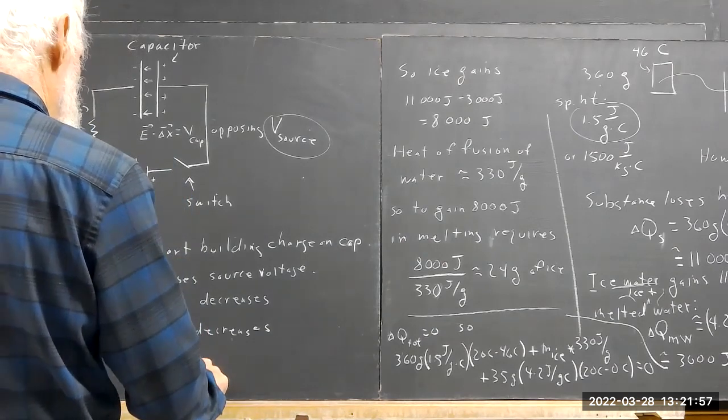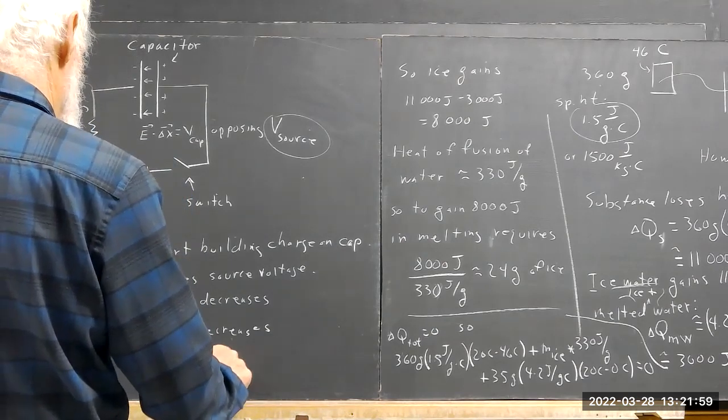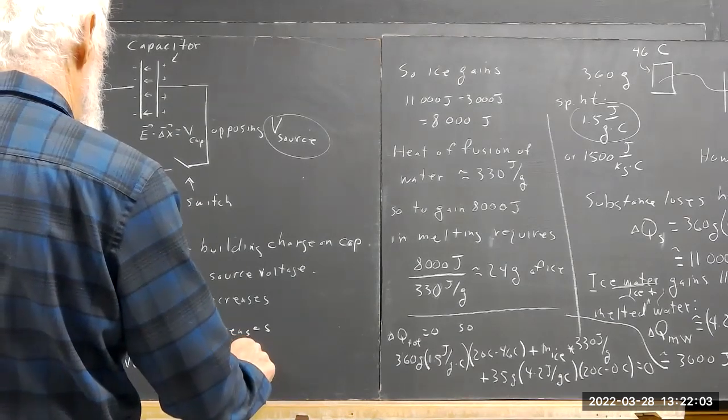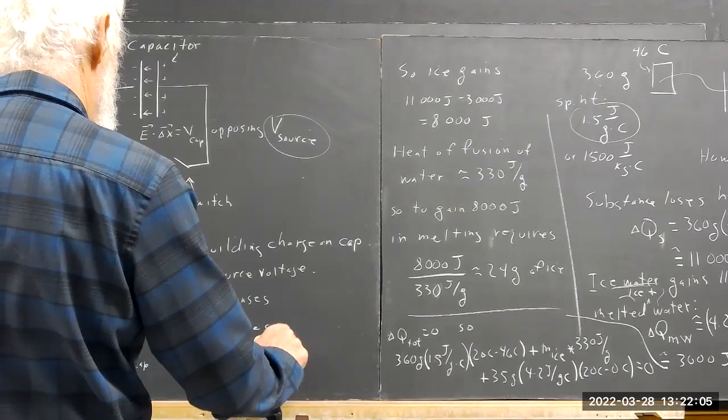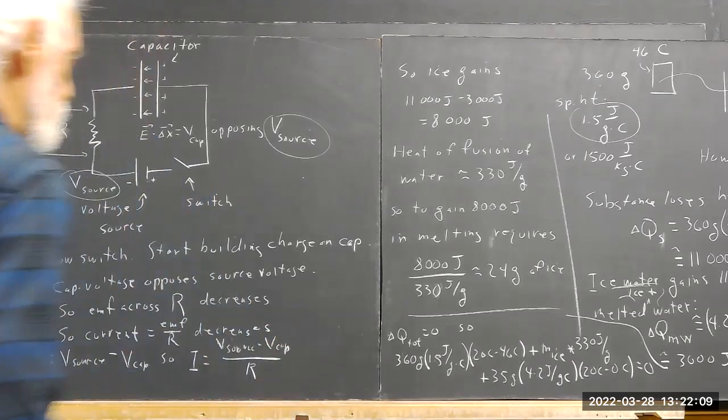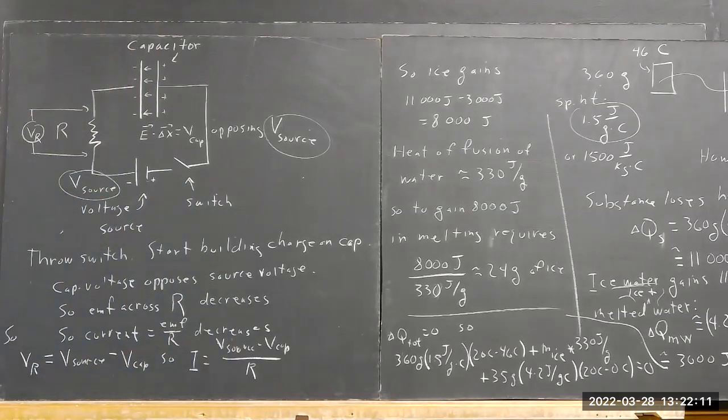So your current is the voltage of the source minus the voltage of the capacitor, divided by R.